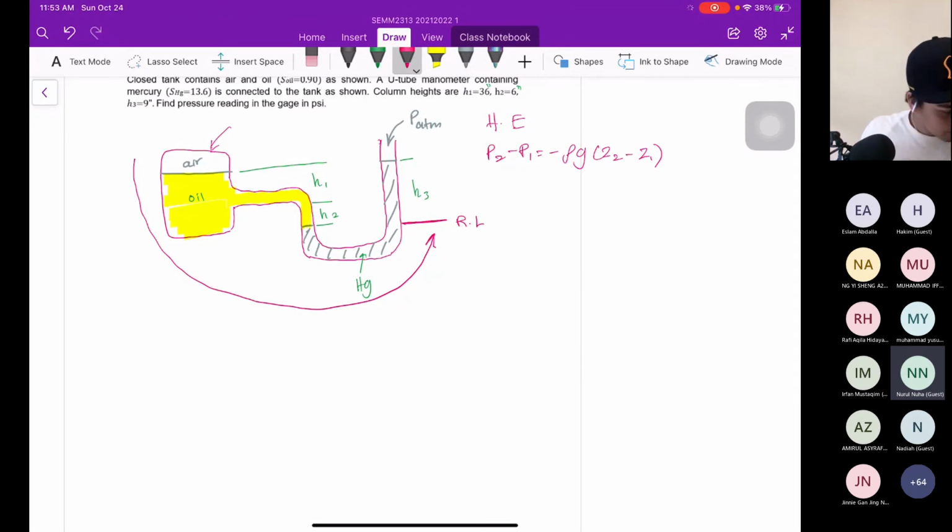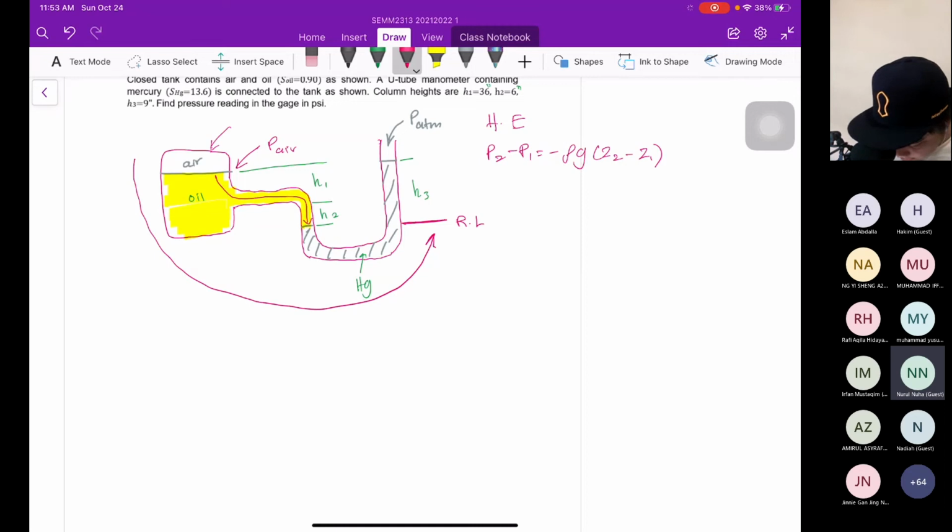So from here, this is P of air. And then we have P1. So we start from here and go to here.